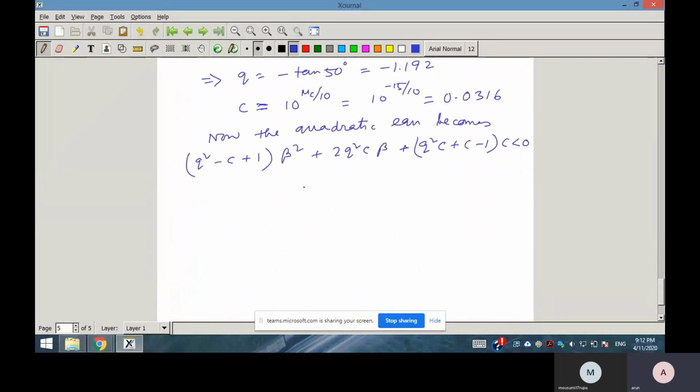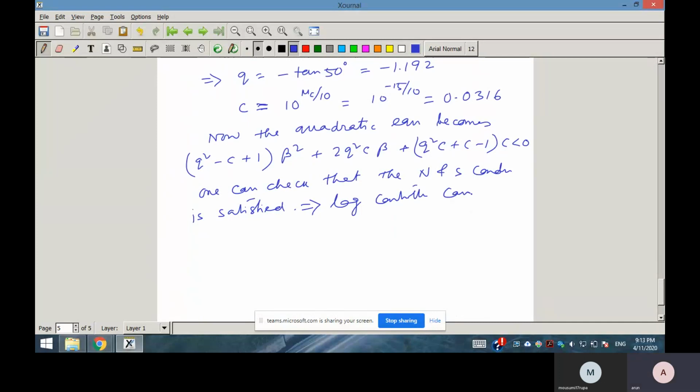This equation can be solved for a positive beta less than 1. One can easily check that the necessary and sufficient condition is satisfied. So this implies the lag controller can be designed.